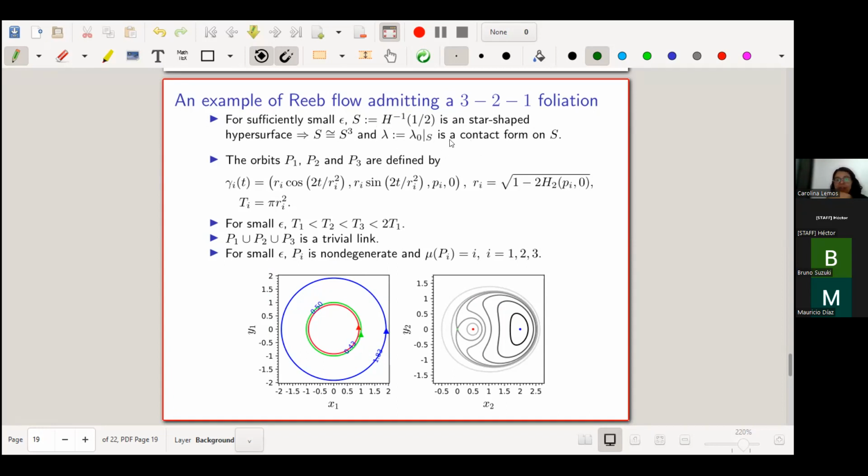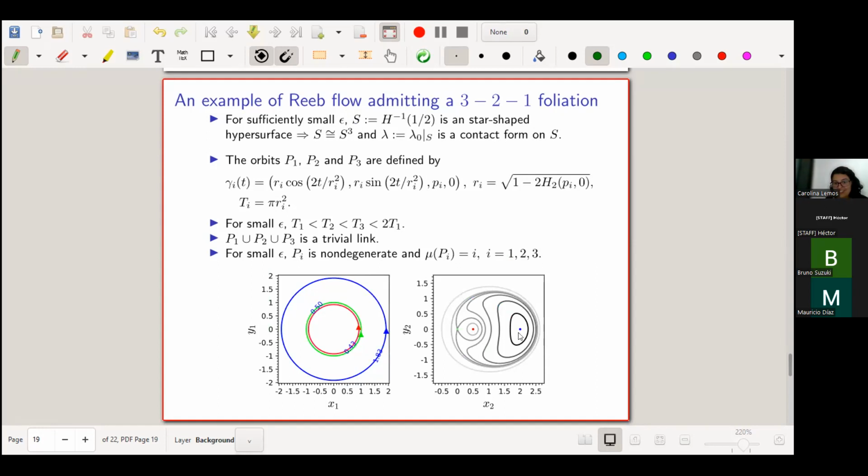So we have a lambda 0, which is a contact form. So we really have a contact manifold diffeomorphic to S3, equivalent to S3 with the standard contact form. And we can define the candidates to binding orbits just by this.